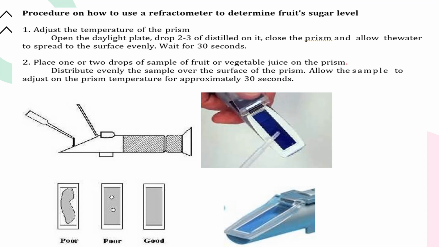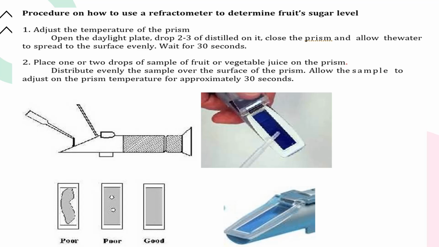And here are the procedures on how to use the refractometer to determine the fruit's sugar level. First, adjust the temperature of the prism. Open the daylight plate, drop 2 to 3 drops of distilled water on it, close the prism, and allow the water to spread on the surface evenly.